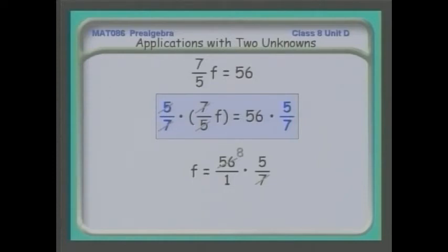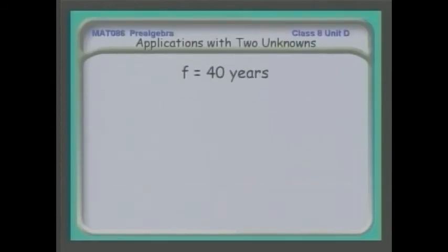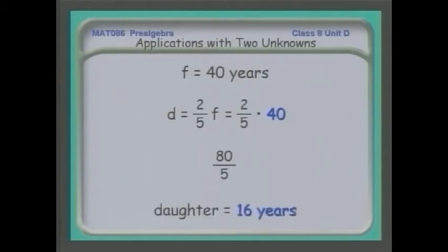Let's continue. 8 times 5 is 40, and I find out that the father's age is 40 years. Well, I'm not done yet because I'd also like to know the daughter's age. I remember if the father's age is 40 years, the daughter's age is 2/5 of the father's age, or 2/5 of 40. I see that that's 80/5, or 16 years.